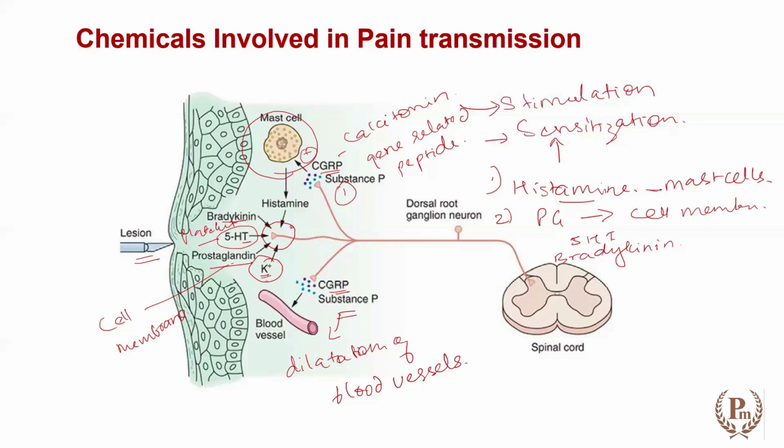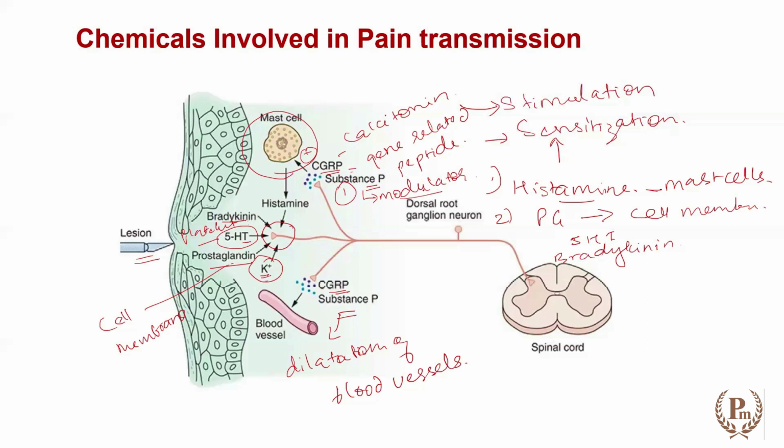Okay. And as I told already, in the substantia gelatinosa, we have a collection of neurons which are going to release the substance P, as well as the calcitonin gene related peptides. And what are these? These are modulators. Substance P is actually my modulator. So what is it going to do?